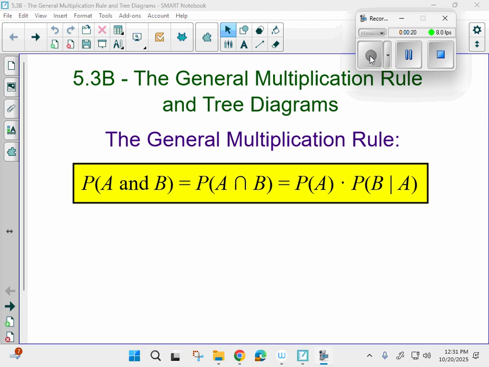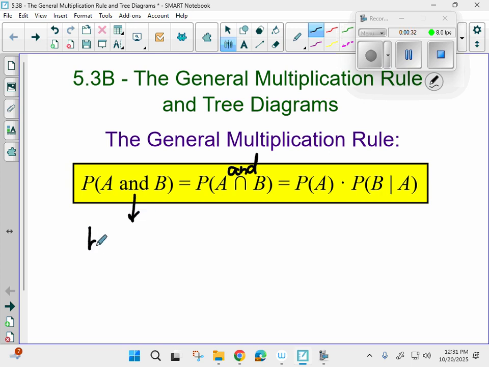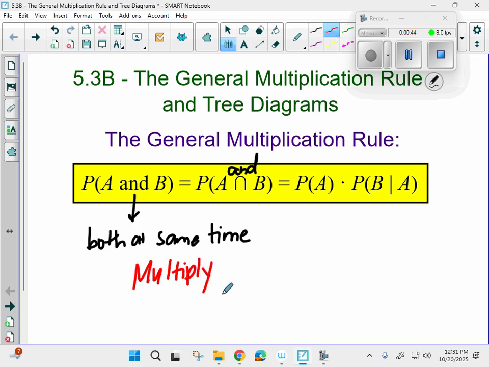The probability of A and B. Remember this symbol here means and, okay? Now, and means both at the same time, and it also means multiply. So or means add, and means multiply.